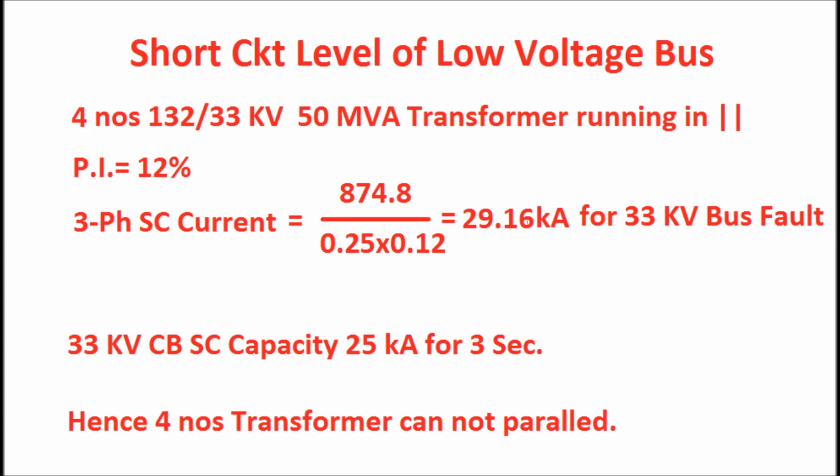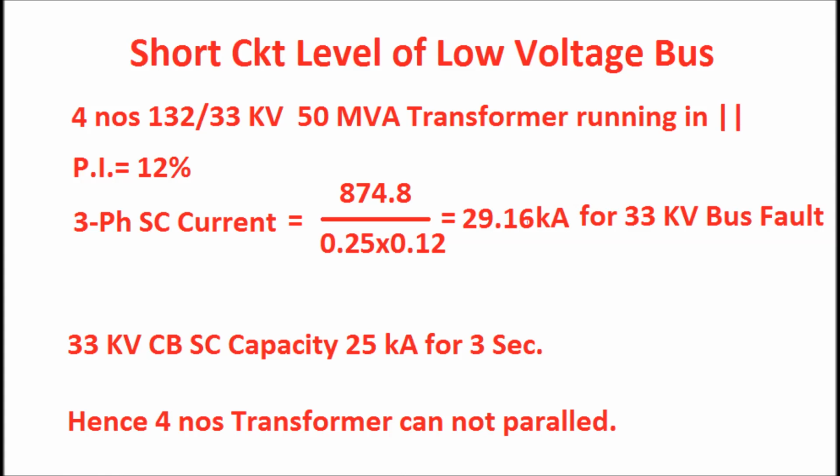So if four 132/33 kV transformers with MVA capacity 50 MVA are running in parallel condition, then in this case the three-phase short circuit current will be equal to 29.16 kiloampere for 33 kV bus fault, or if the three-phase fault occurs very close to the 33 kV bus.